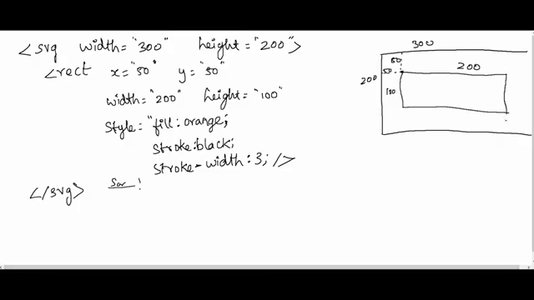We don't want to give this end point. Right? In line we want to give the starting point and ending point, but in the case of rectangle it's enough to give the starting x and y axis and the height and width. Okay, it will be filled up with orange color with a black border, and the stroke will be 3. Right? So this is rect.